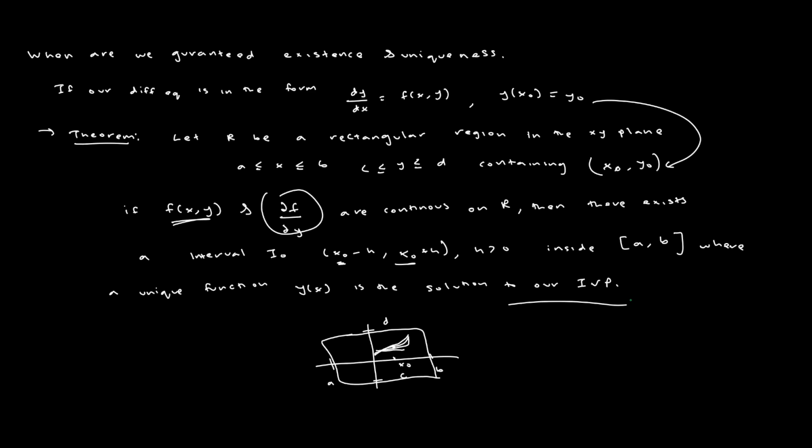And so let's apply that to this example that we saw earlier, where the function f(x, y) is equal to x times y to the power of 1/2. We knew that on our initial value y(0) = 0, the solution was not unique, right?